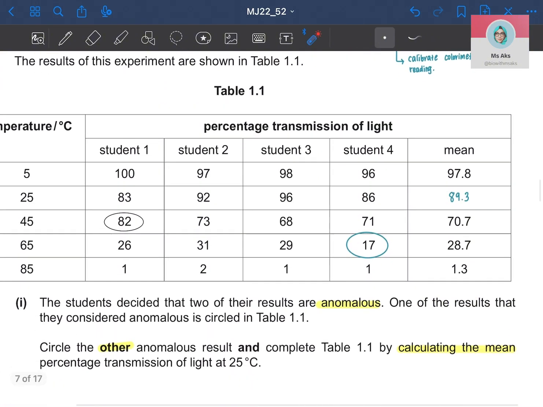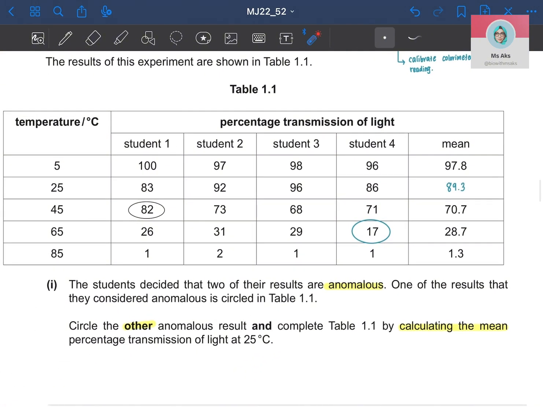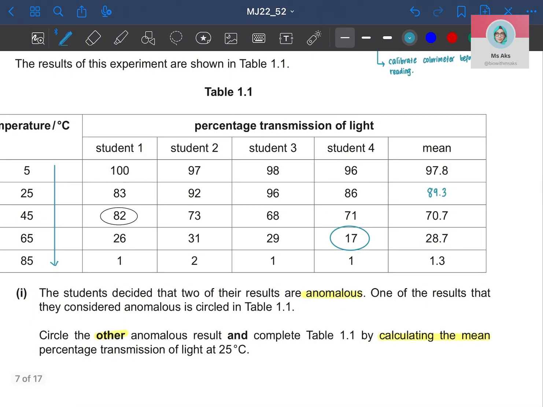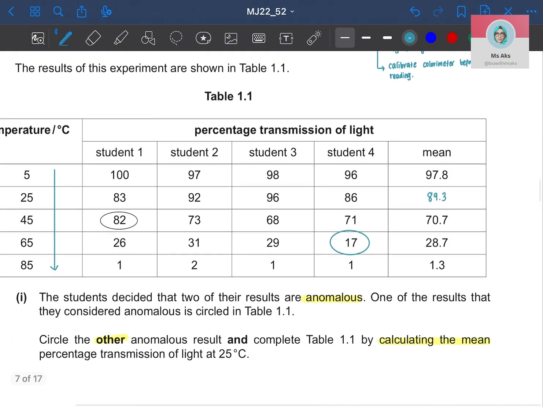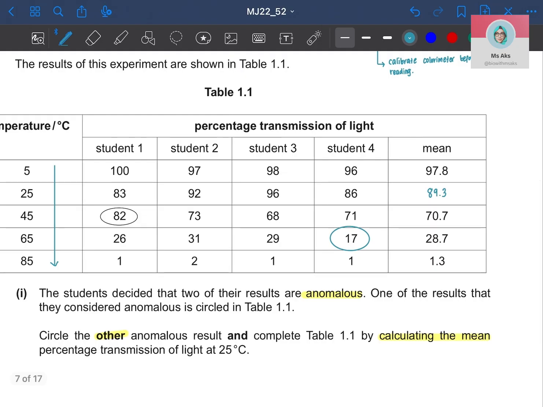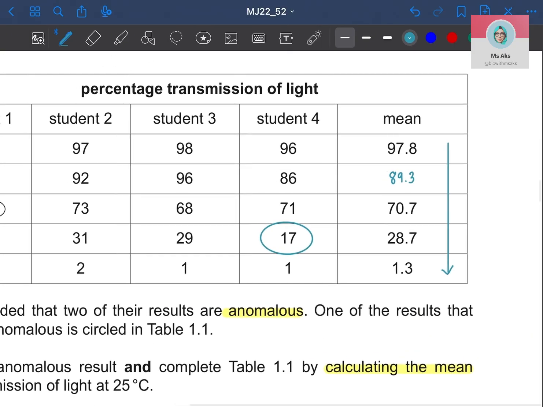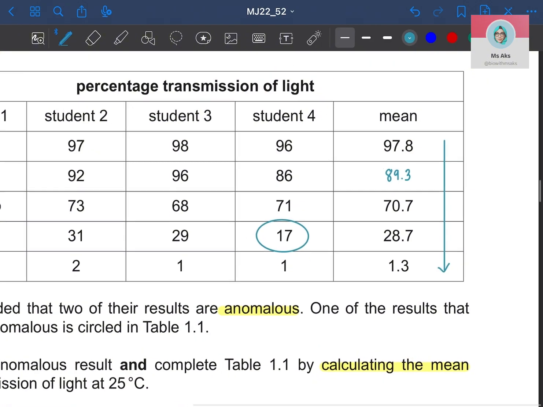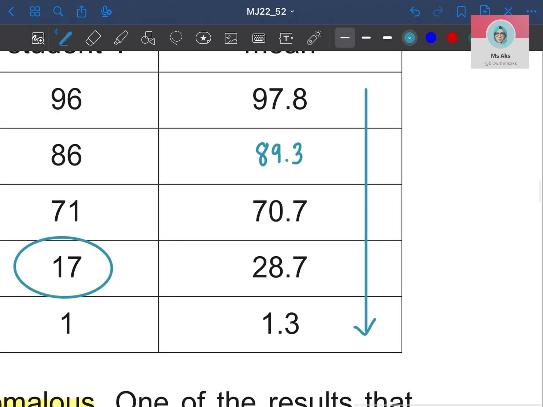As we go down, as we increase the temperature, you can see that the transmission of light reduces. So what does that mean? When not much light can pass through the fluid, that means there is going to be more pigment. That means it's going to be darker.